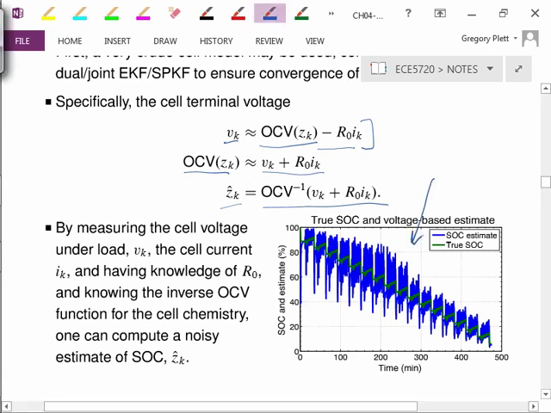And I think we've seen this figure before of a very dynamic test of current into this cell producing very dynamic voltages, and in this plot the dark green line is the true SOC and the blue line is the SOC estimate using this equation. And we concluded that the SOC estimate was pretty awful, but if you look at it, you say, is it biased?